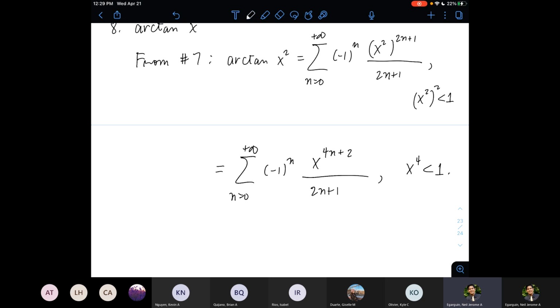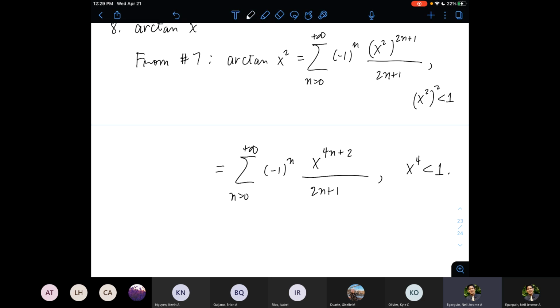So you see here that for these examples, we just relied on the geometric series expansion, right? But some functions are not related to 1 over 1 plus x or 1 over 1 minus x or any similar expressions, right?